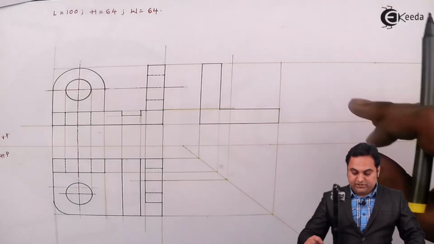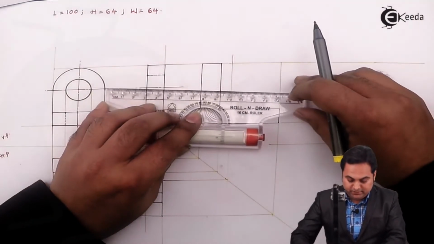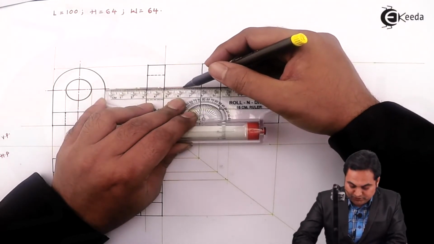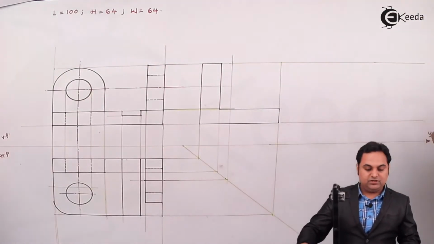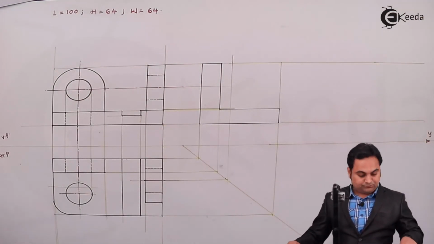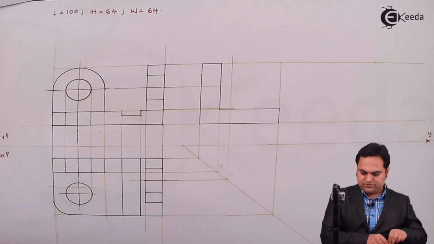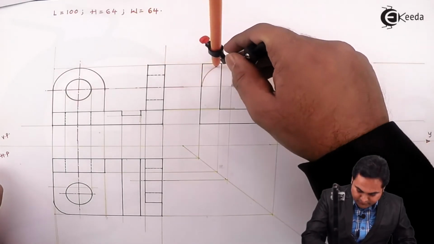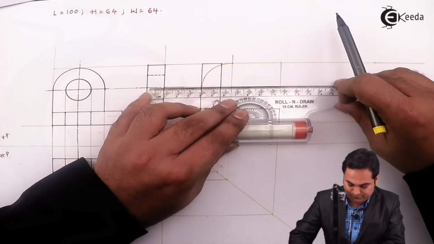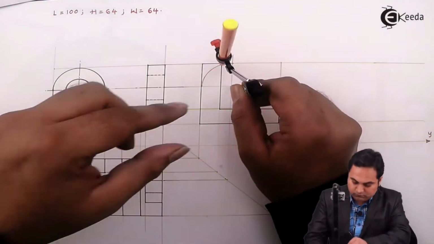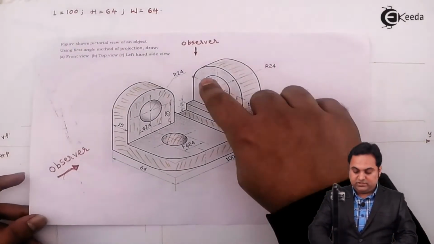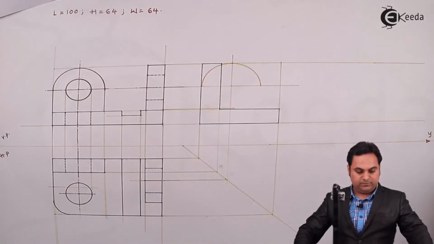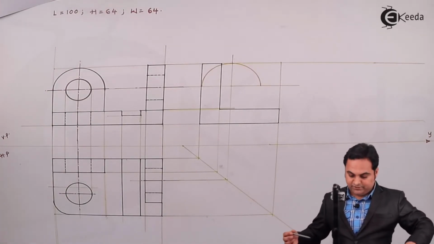Next, I'll get the center from the front view as well, that is its height, and where both the centers intersect, that will be the original center for the semicircular part. Here I'll draw a light semicircle first. This semicircle is visible from the side, and here it is being extended up to the bottom of the plate. So here I am extending it.